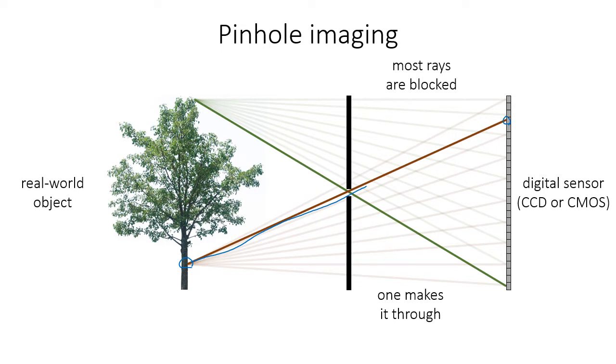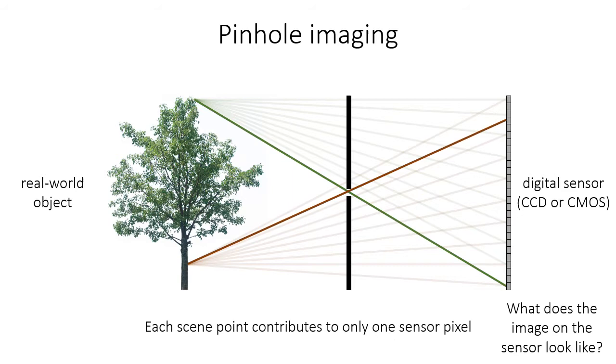So from this figure, we can see that scene points arrive at small parts of the digital sensor. So ideally speaking, each scene point contributes to only one sensor pixel.